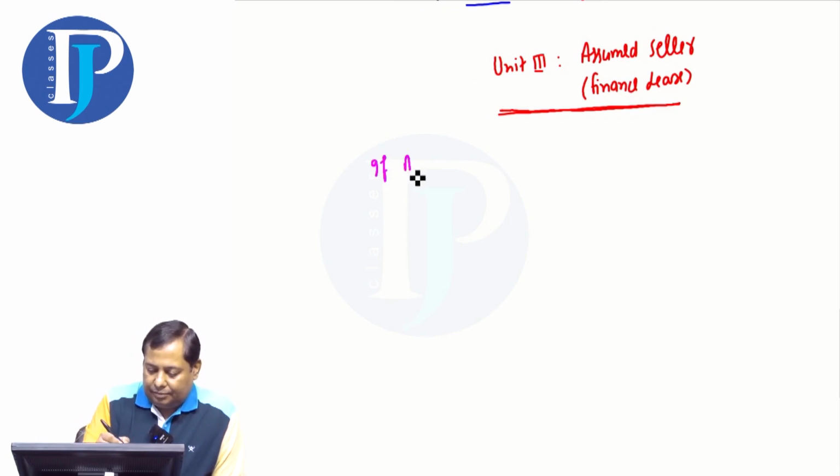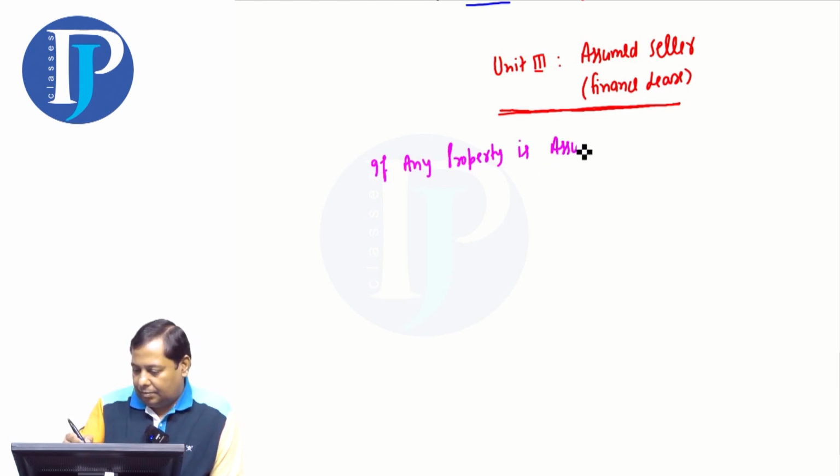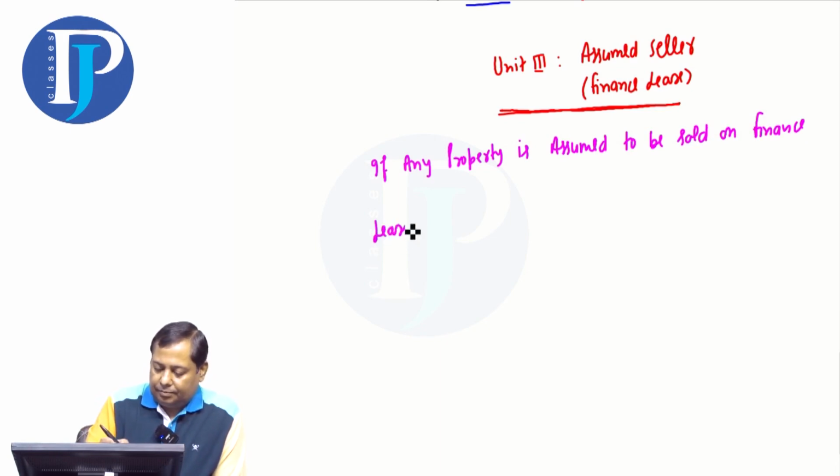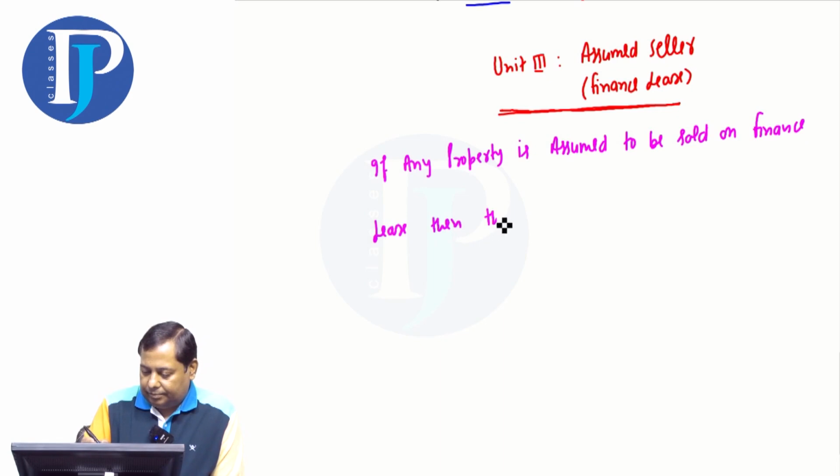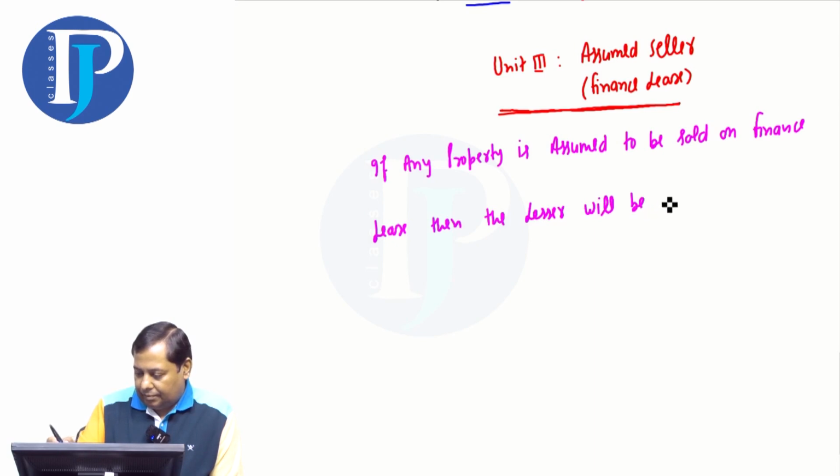So if any property is assumed to be sold on finance lease, then the lessor will be assumed as assumed seller.